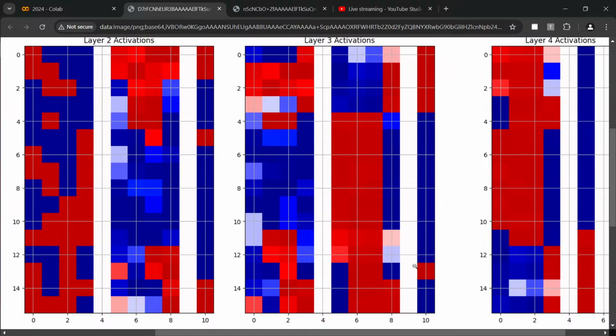So we have to transform all of these activations to conform to that mechanism.